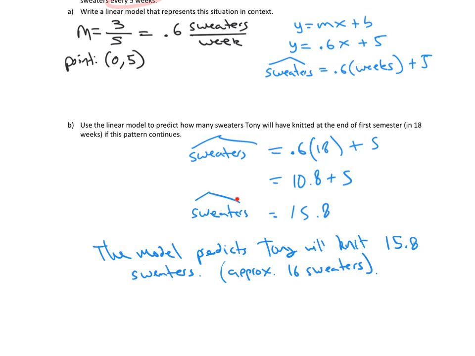Notice we have that predicted word there. The model predicts Tony will knit 15.8 sweaters. As long as you showed this work and actually got 15.8 as an answer here, I'd be okay if in your summary sentence you said approximately 16 sweaters, but I should see 15.8 in your work, as this is what the model actually predicts.